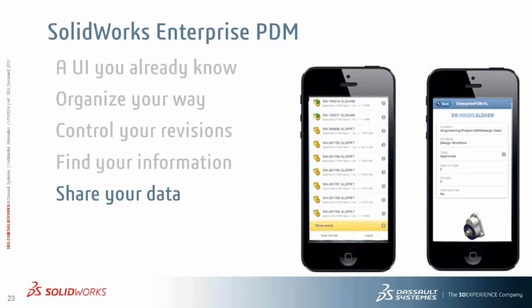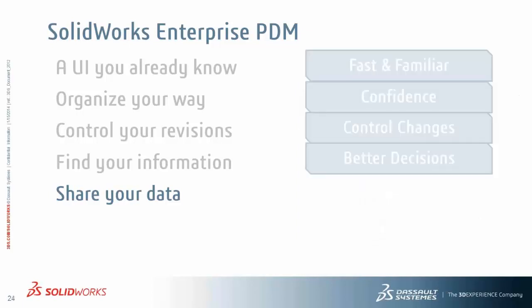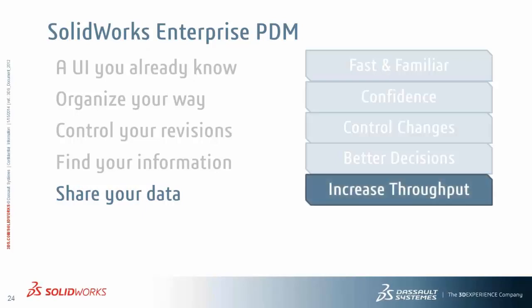With Apple and Android devices, you also have eDrawings available, so you can download those files and view and preview them. So you have an amazing end-to-end solution for getting information to users wherever they are and the way they like it. Enterprise PDM ultimately increases your throughput by getting the right information to the right people, and again, the way they need it.